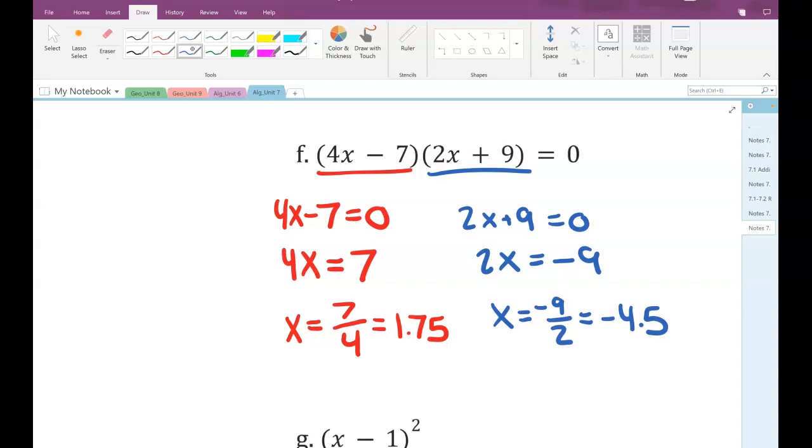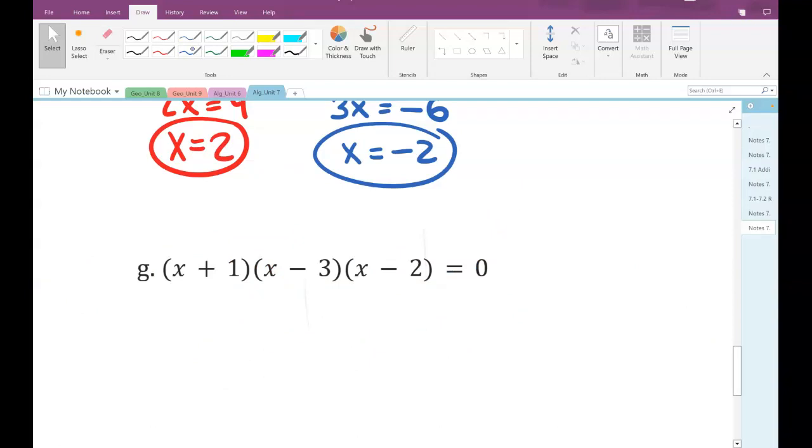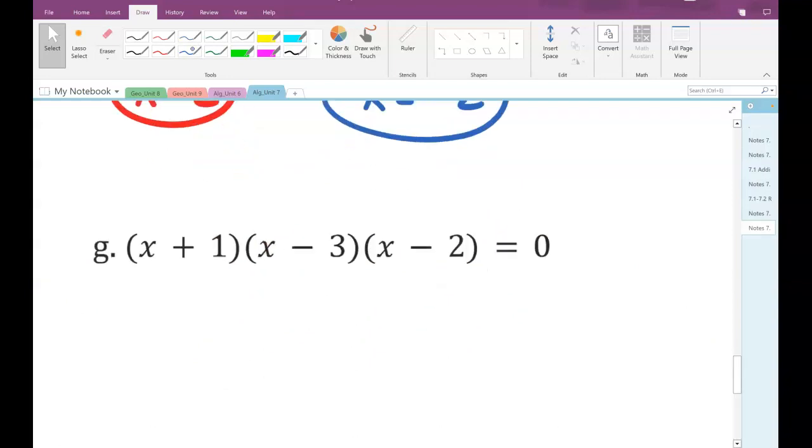All right. So we do one more example, I guess 2 more examples, but they're both quick. If we have 3 terms, what do you think we do? Same thing. We're just setting all 3 equal to 0 now.